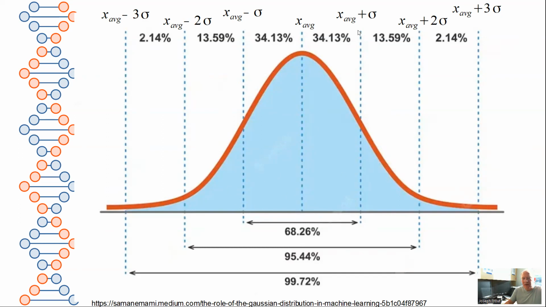So for example, if I look at one standard deviation from either side of the mean, then 68% of the students are within that one standard deviation on either side of the mean. If we go 2 standard deviations, we're up to 95% of the students. And if we go 3 standard deviations, we're almost at 100%.